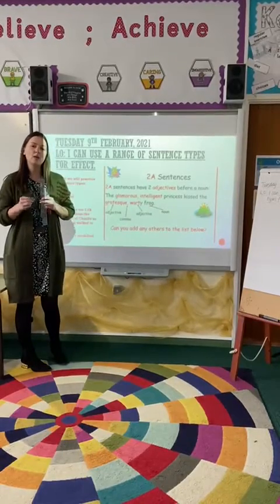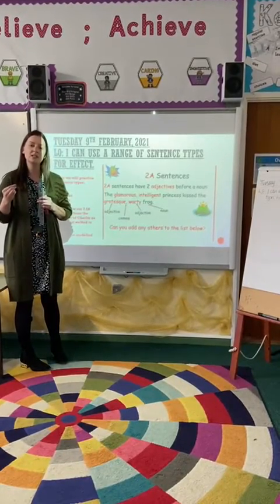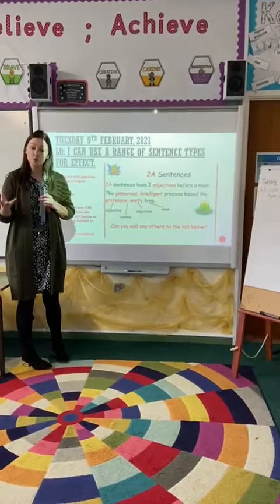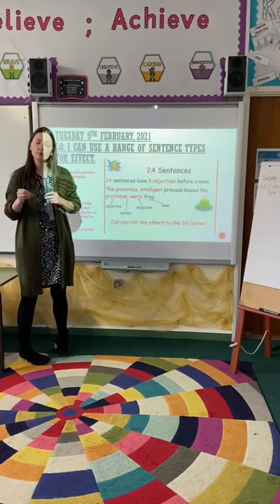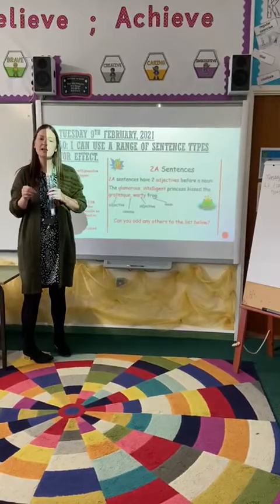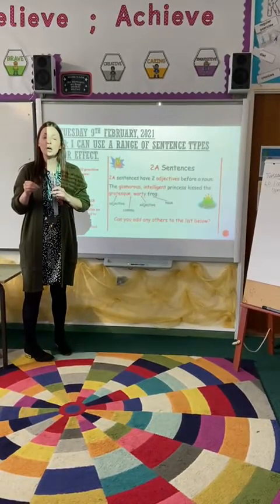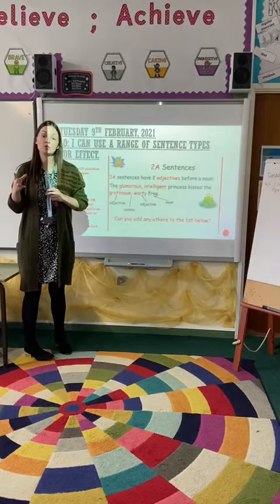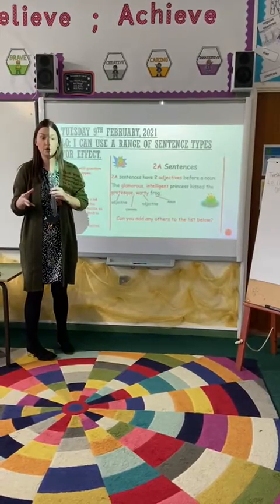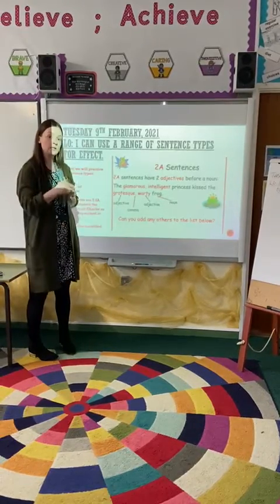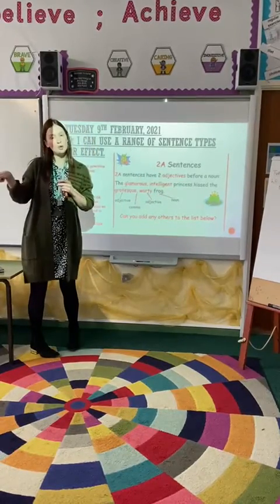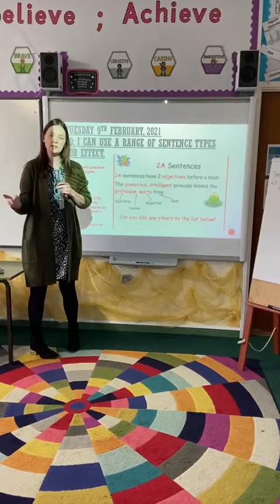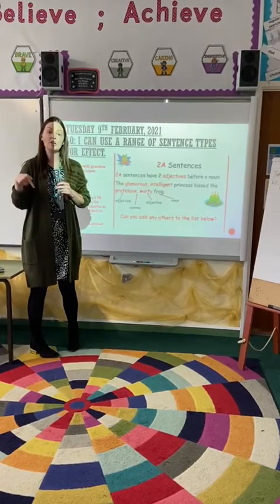Now, today, we are going to think of examples that are 2A sentences, but that could also be linked with our diary entry from the viewpoint of Charlie. Yesterday, you read the chapter of the scene where Charlie gets escorted to his execution. So think about today, when you're doing these sentences, how can I write a 2A sentence from the viewpoint of Charlie, describing that scene that could also go in my diary entry at the end of the week.